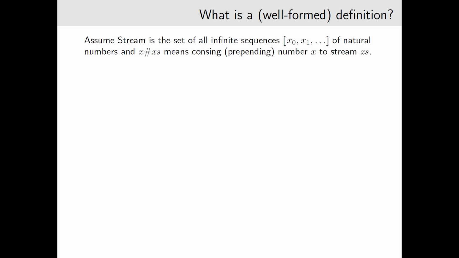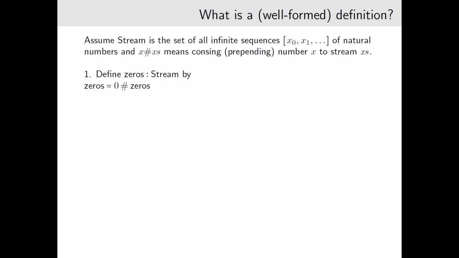So now let's look at some more styles of definition. So far we have seen a recursive definition. Now let me introduce a bit of notation. Let's consider infinite sequences of natural numbers that I'm going to call streams. And I will use this familiar notation for consing an element at the beginning of a stream.